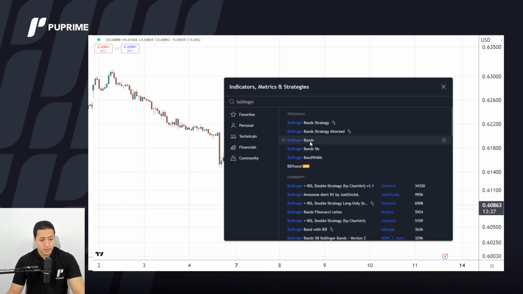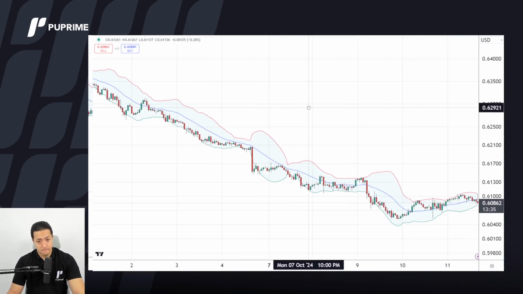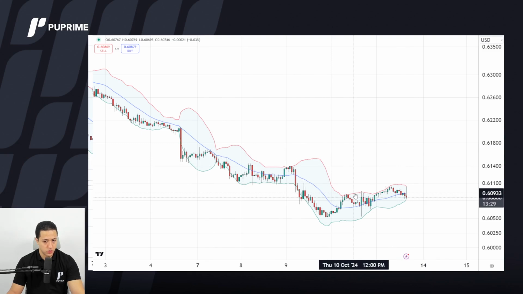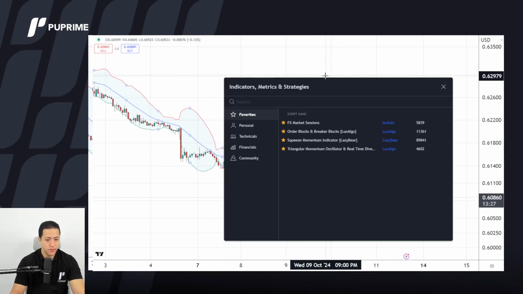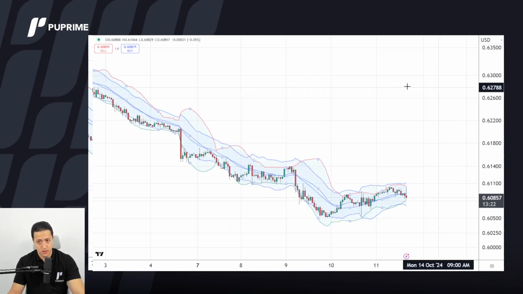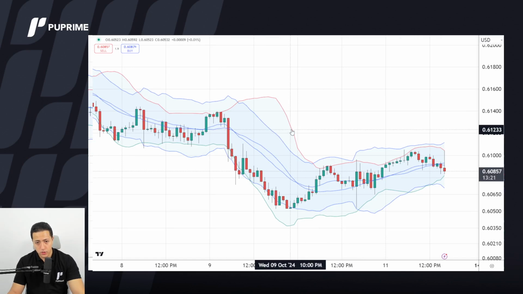So that's the Bollinger Bands with its basic settings, nothing new. We have the Keltner channels again, and I think I will have to separate between the colors.